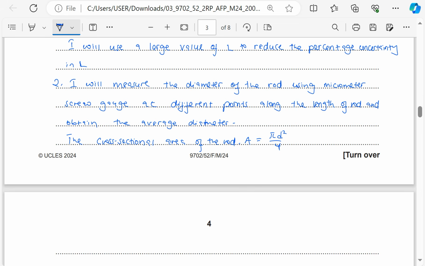So I measure the diameter D of the rod using a micrometer screw gauge at different points along the length and obtain the average diameter D. The cross-sectional area A equals pi d squared over 4, and the volume is the cross-sectional area times the length L. So the volume is A times L.